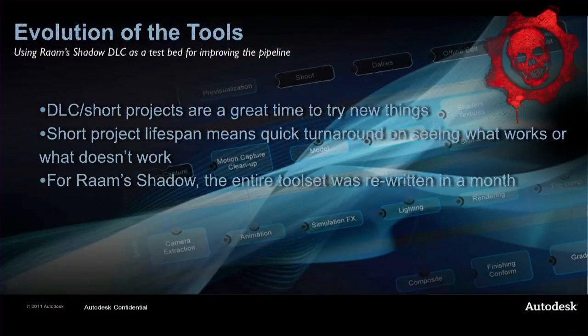So for RAAM's Shadow, I rewrote all the tools in about a month, because that's about the time I had before animation needed to start working. And obviously that was not a 40-hour week; that was probably 80-hour weeks. But it was a necessity, and I knew what was coming down the pipe after we were done with the DLC.